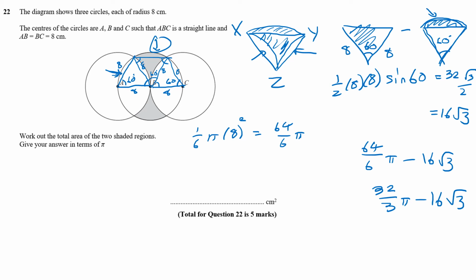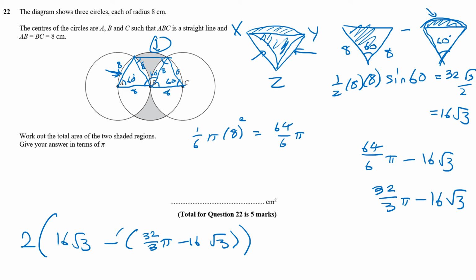Now the overall shaded area then is going to be 2 lots of the area of the triangle, 16 root 3, subtract the tiny area that we just figured out, which is 32 over 3 pi, subtract 16 root 3. Okay.